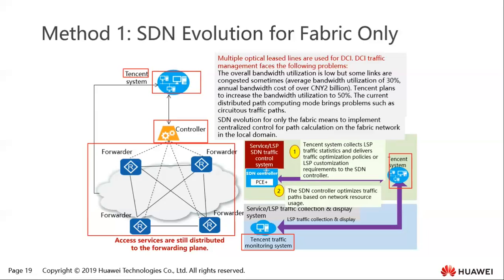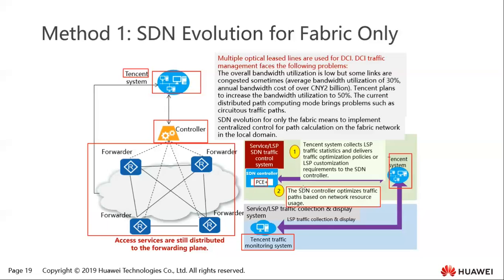Now, once the statistics are provided to the SDN, the SDN controller optimizes traffic paths based on the network resource usage by using what we call PCE, path computation element, or something, I'm forgetting.